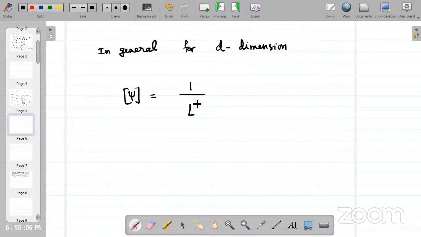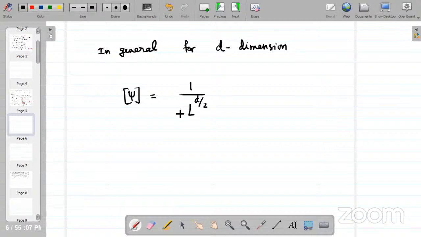It will be L power d by 2. So if d is equal to 1, L power 1 by 2. If d is equal to 2, 2 by 2 is L. If d is equal to 3, it will be L power 3 by 2.